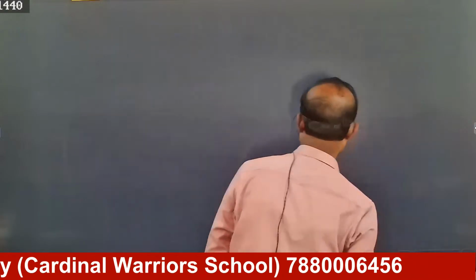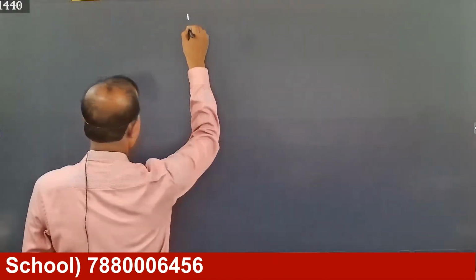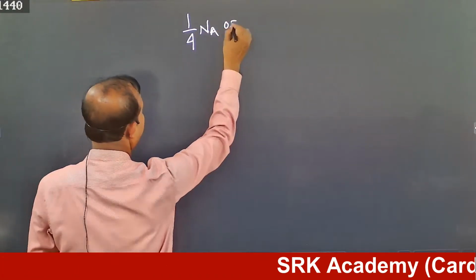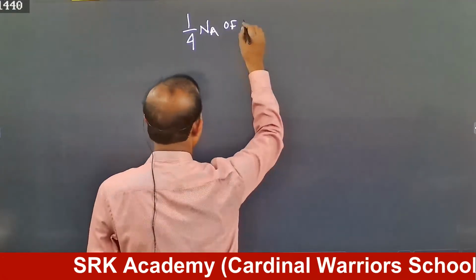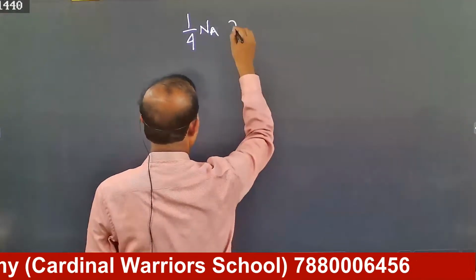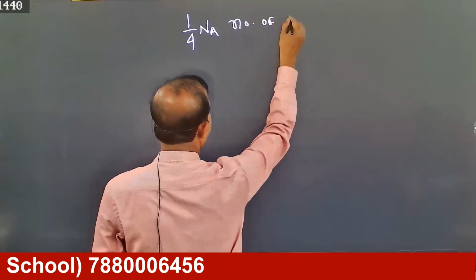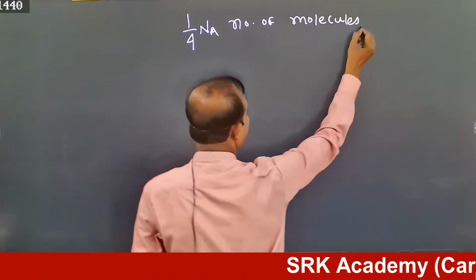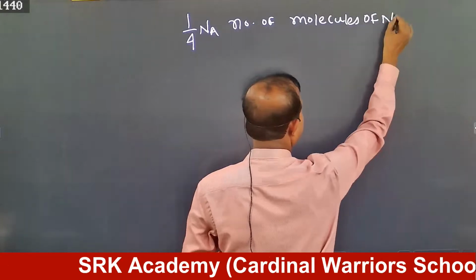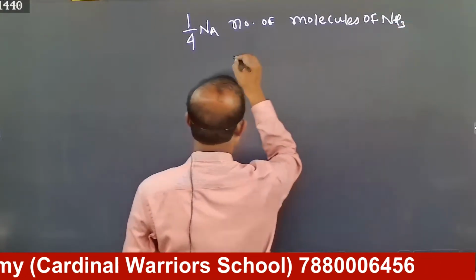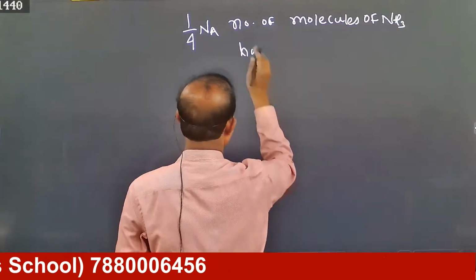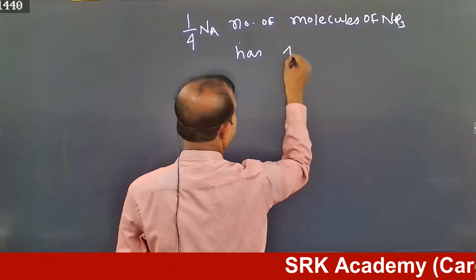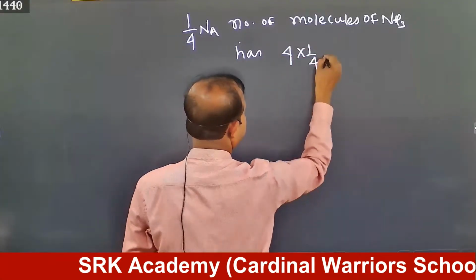So 1 upon 4 Na number of molecules of NH3 has how many atoms? It has 4 into 1 upon 4 Na number of atoms.